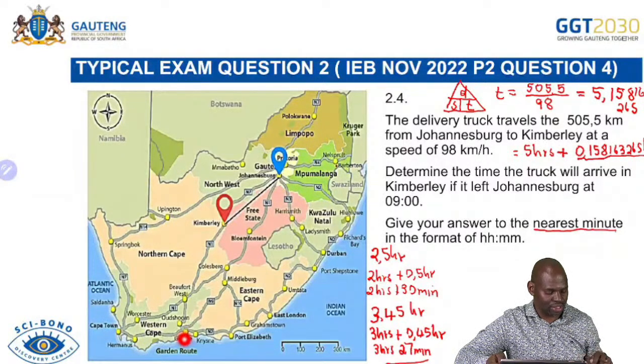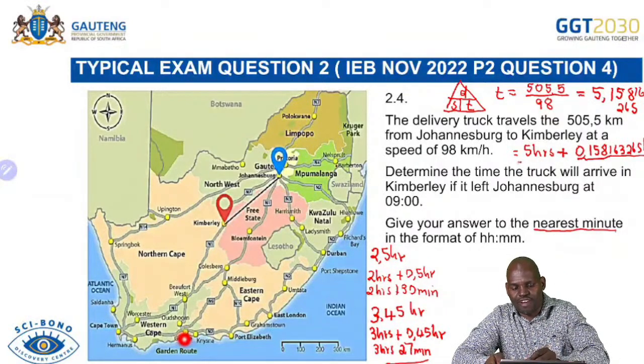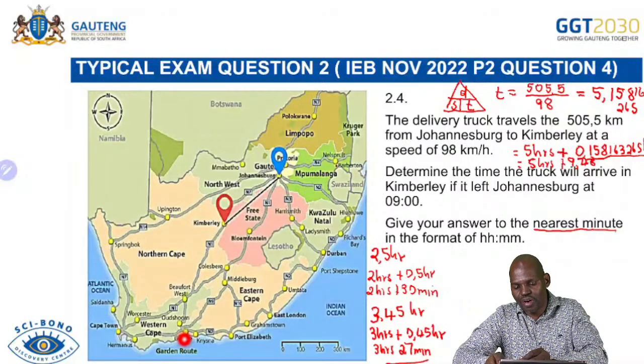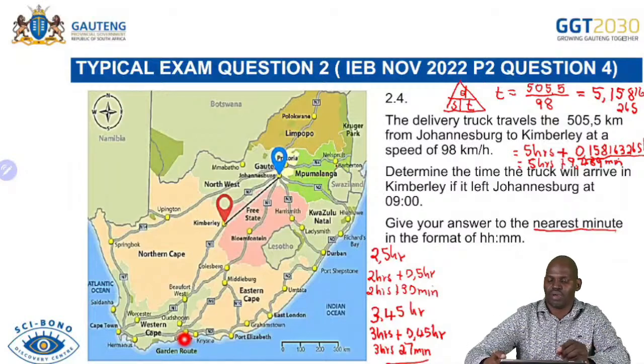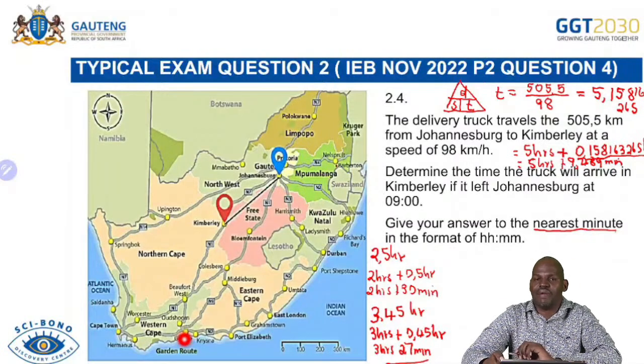If I multiply by 60, I get 9.489. So this is 5 hours plus 9.489 minutes. Okay, so I've got 5 hours plus 9.489.